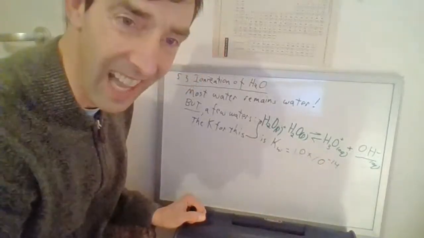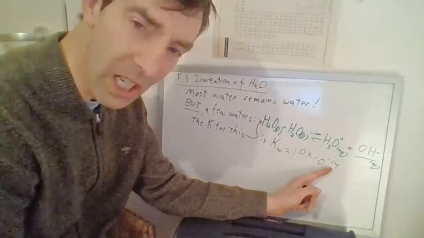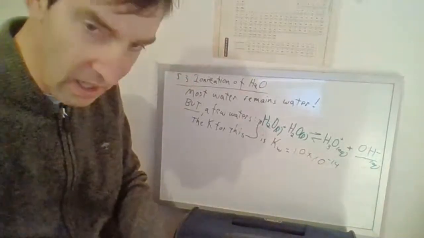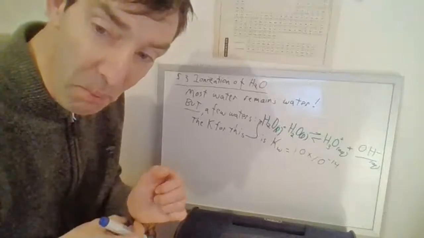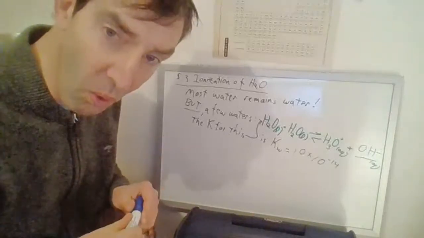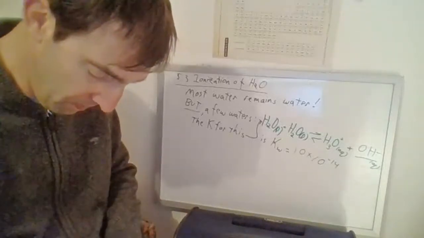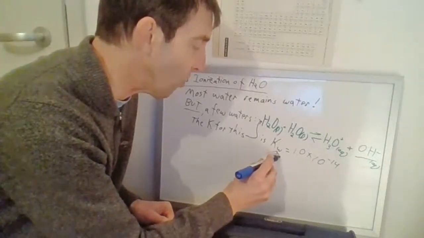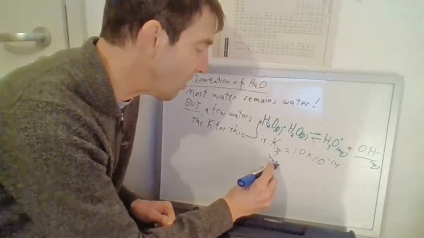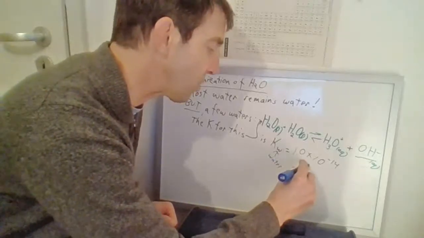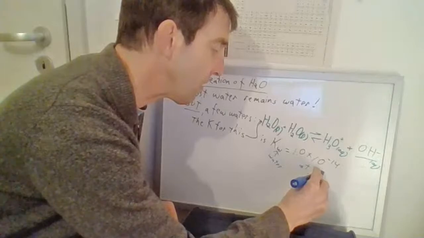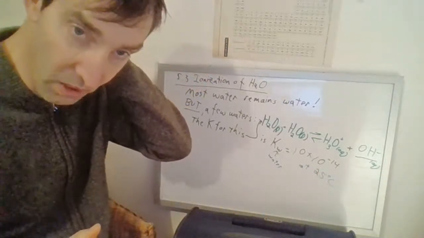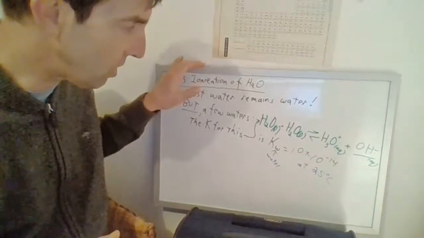Oh, how likely is that to happen? The negative 14th power, man. Pretty unlikely. But it's an important value. We're going to use it over and over and over this year. And it's called the Kw. The W, of course, stands for water, doesn't it? And that's at 25 degrees C. Not surprising. At standard temperature, 25 degrees C. Okie dokie?